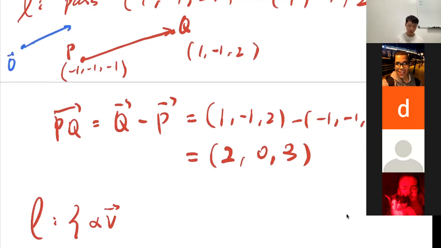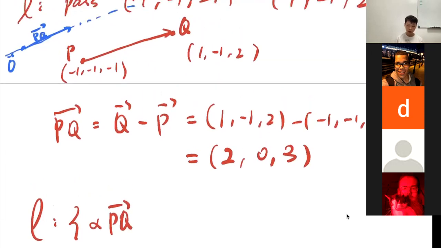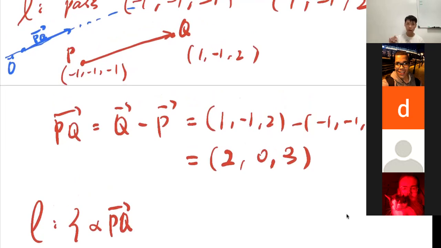Let's say the origin is here. This is the vector PQ. When you span this vector PQ, you get a straight line such that the origin is on it and it is parallel to the line that contains P and Q. So these two are parallel lines.